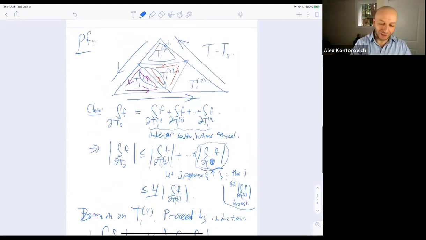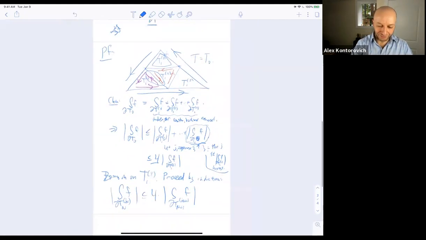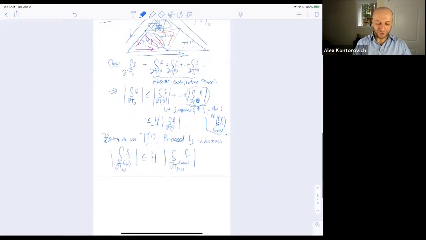So we're thinking of T1 here, then T2 here, T3 here, T4 there, T5 there, and so on. So we have this nested family: T0 contains T1, which contains T2, and so on.